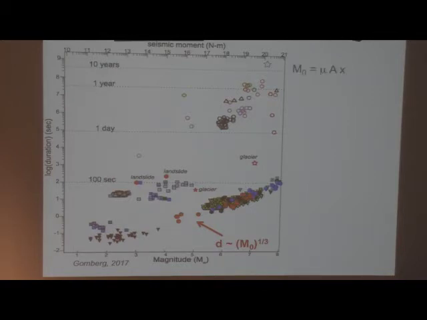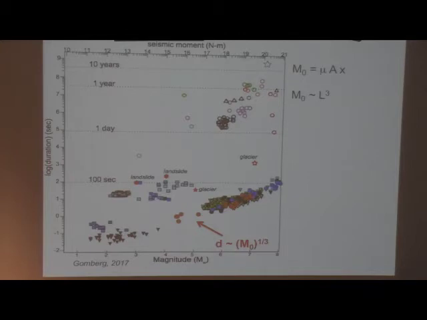And let me just say where that comes from. I never said this before. Seismic moment, we talked a lot about it, is equal to the shear modulus times the area that slips times the amount of slip. So moment is then proportional to length cubed, right? Area times slip. Well, the length that an earthquake will slip is equal to its rupture velocity times the duration.